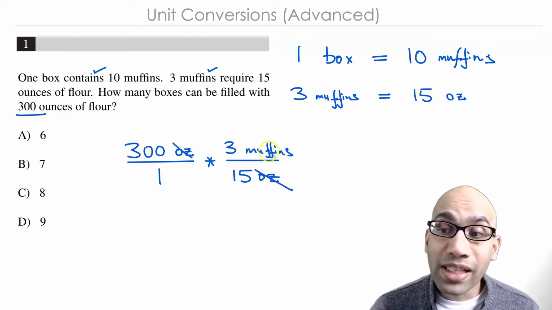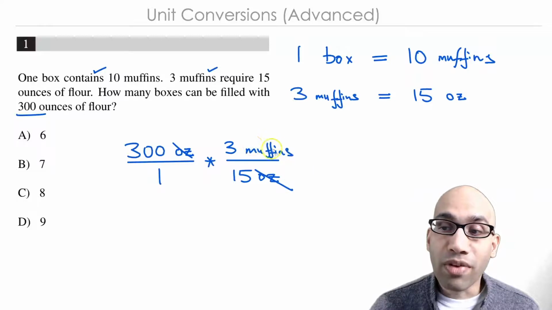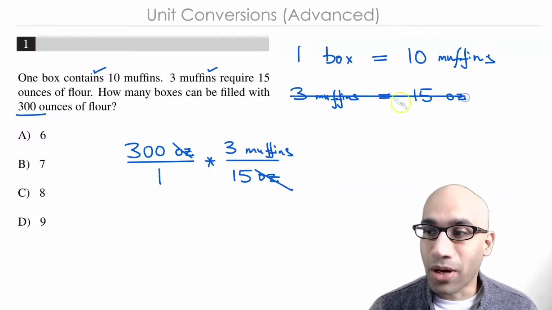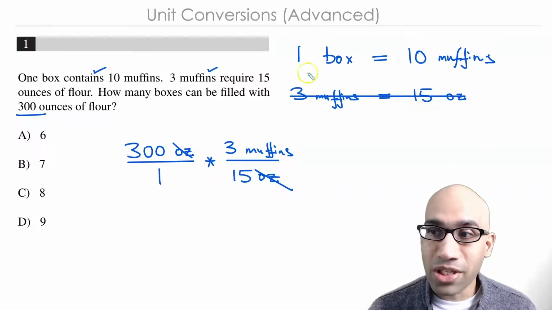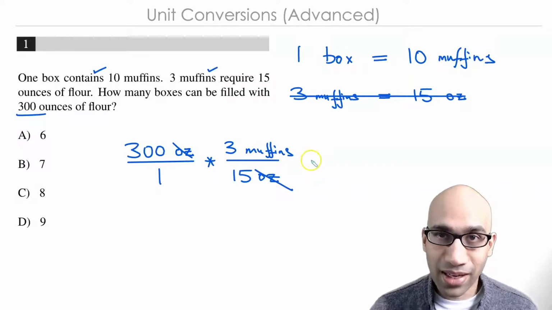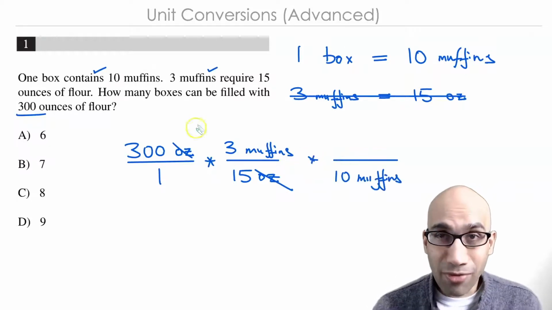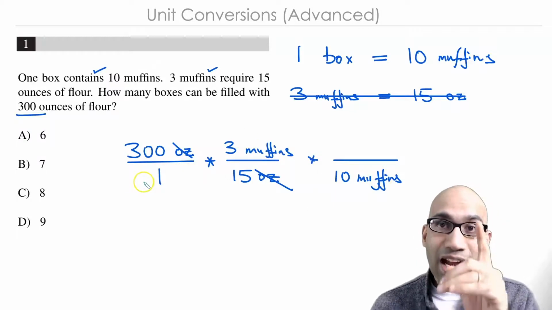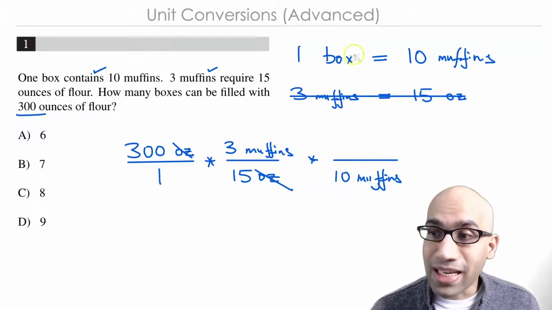So now let's actively search where we've got muffins again. You're already done with this part, so you just got 10 muffins is equal to 1 box. So let's write that down. Before that, let's multiply here first. So we've written down 10 muffins in the denominator and you're going to cancel out muffins and muffins. But before that, note that 10 muffins is equal to 1 box.